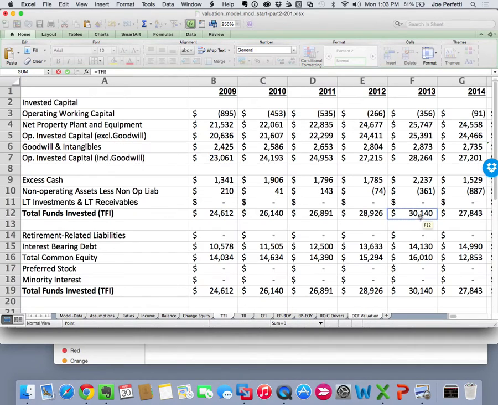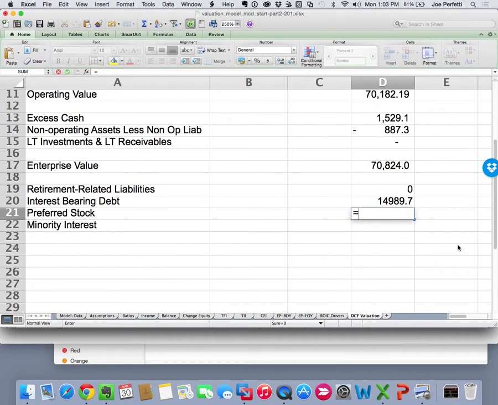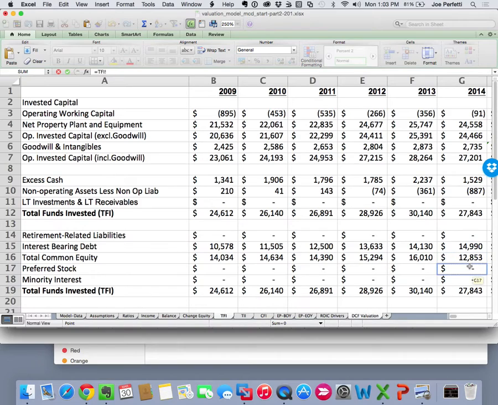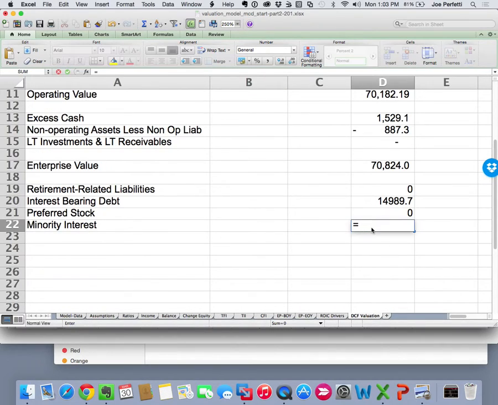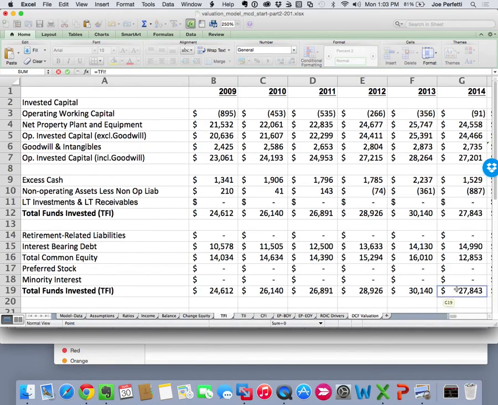2014 interest-bearing debt, G15. 2014 preferred shares, McDonald's doesn't have any, but that would be G17, and minority interest, G18.